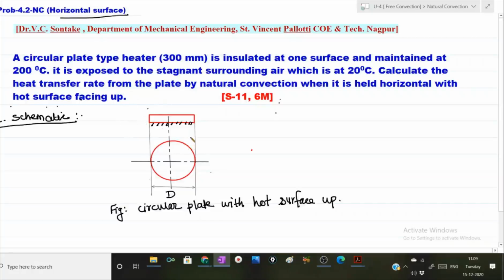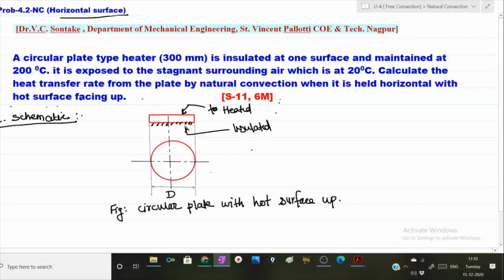Now the heater is placed in such a way that its top surface is heated and bottom surface is insulated. That is, only upper surface is emitting heat, whereas bottom surface is insulated.